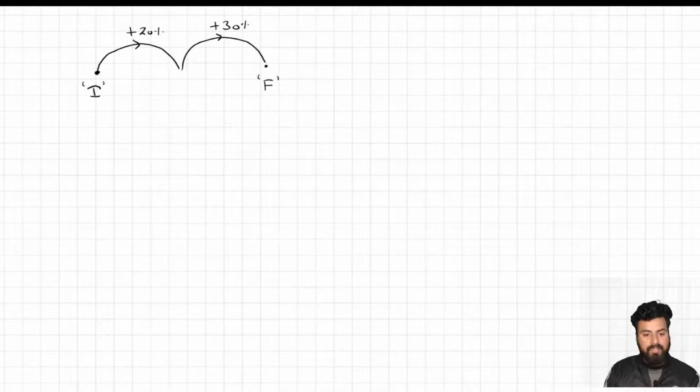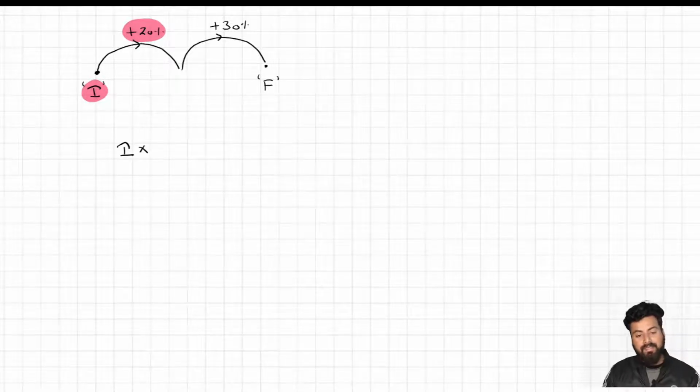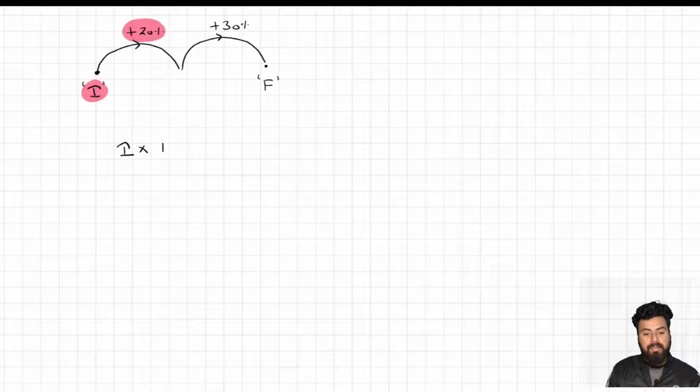Now let us try to realize these two changes in the form of a mathematical expression. If I ask you what will be the value of this variable I after this first operation, you would say, sir, since I'm increasing it by 20%, the multiplication factor turns out to be 120 by 100.